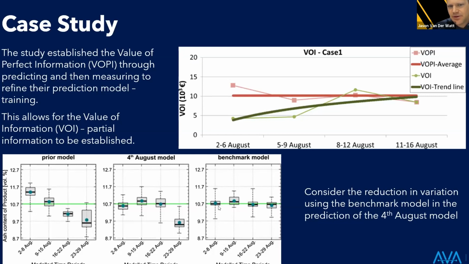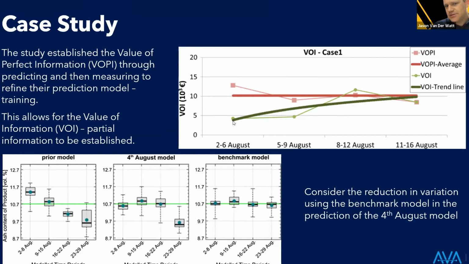So if you see the benchmark model in the bottom right here, we've got 10.7%, a relatively low box plot with consistent grade. So they took the various schedules that would align with this perfectly and used that as a measure of what perfect information would be like.